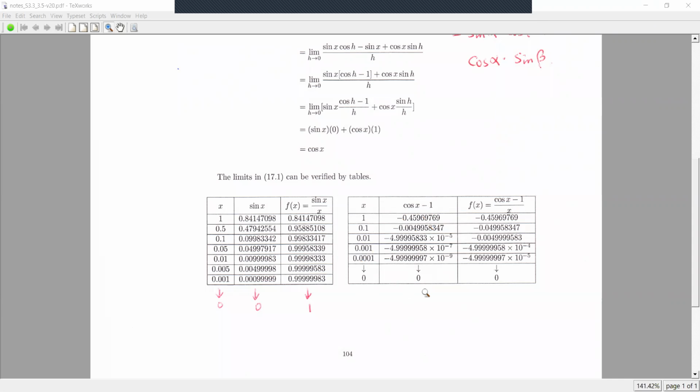The second column shows that cosine of x minus 1 also approaches 0 and is faster than x approaches 0. As a result, cosine of x minus 1 over x approaches 0.